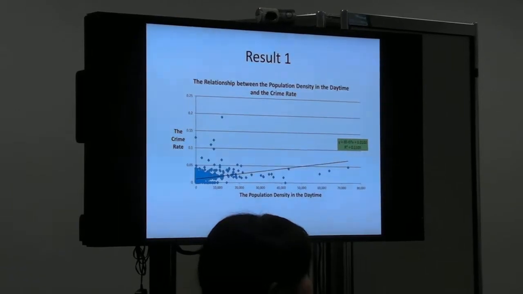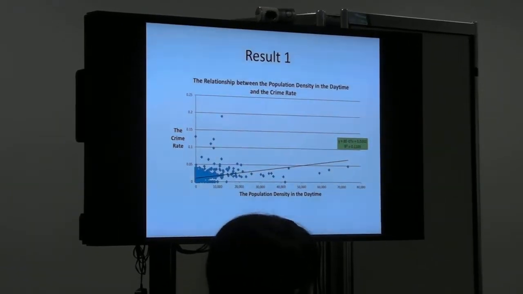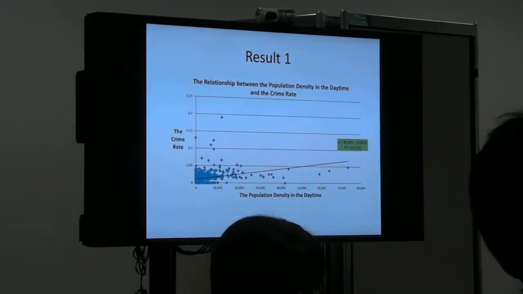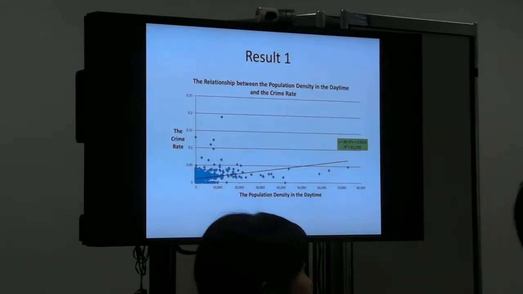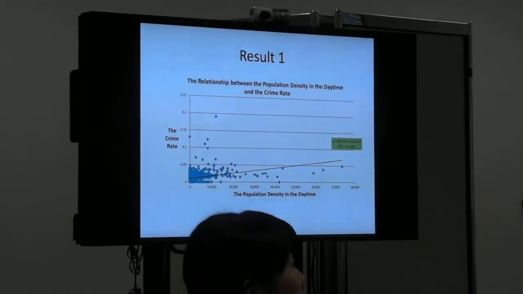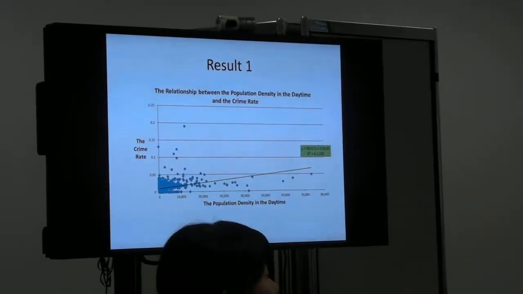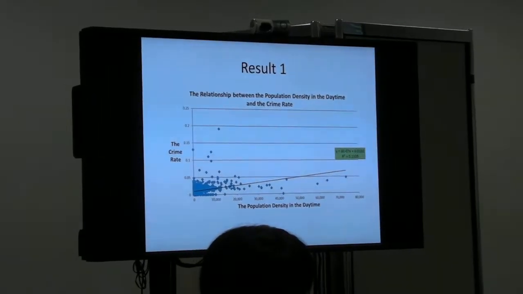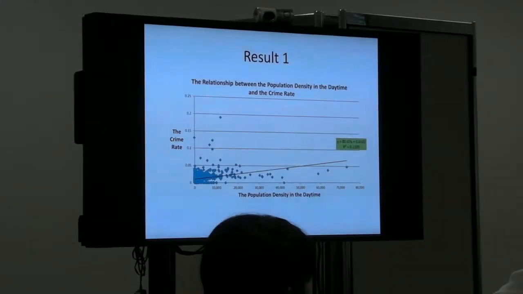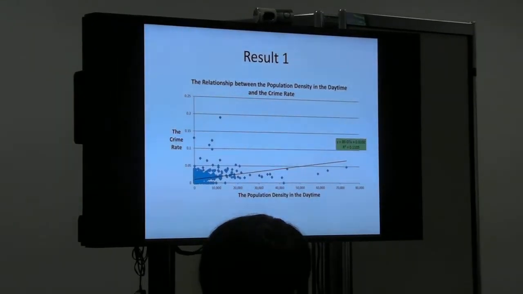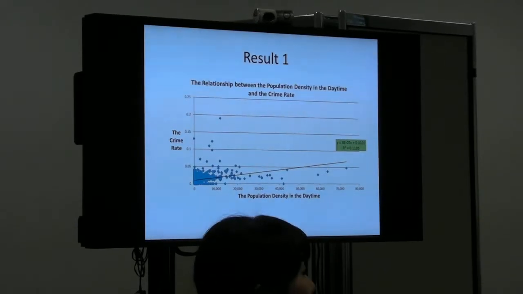As you can see from the graph, the more urbanized a city is, the more crime occurs, and the square of R is 0.11, and the square of R means the accuracy of the data.